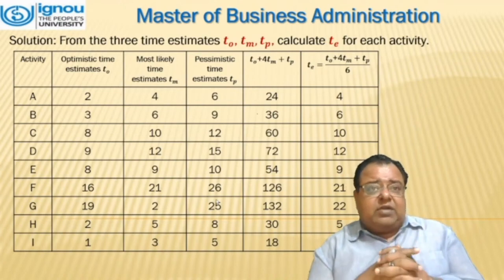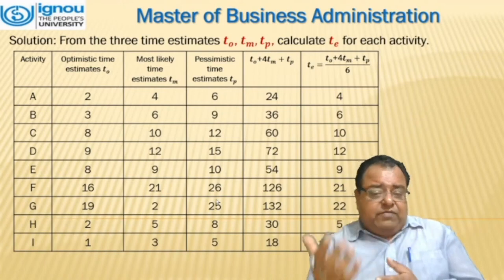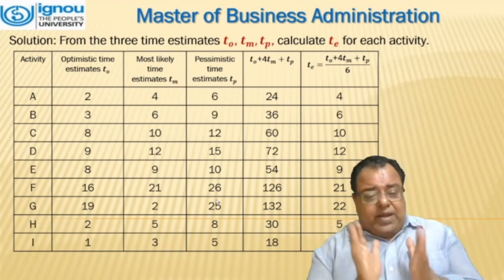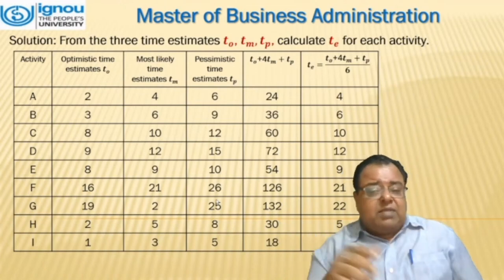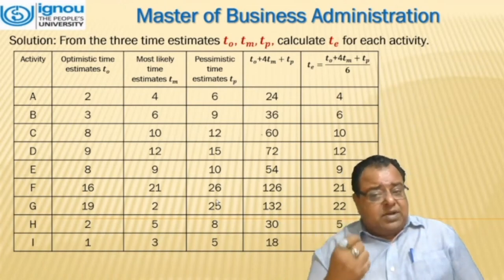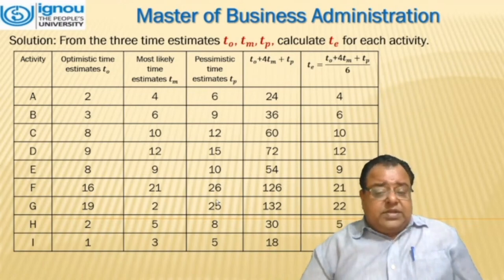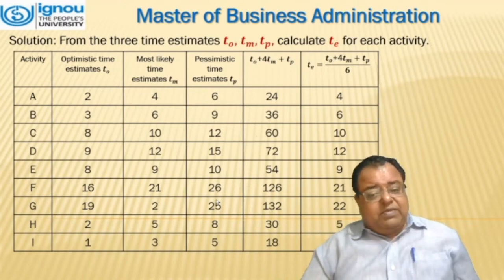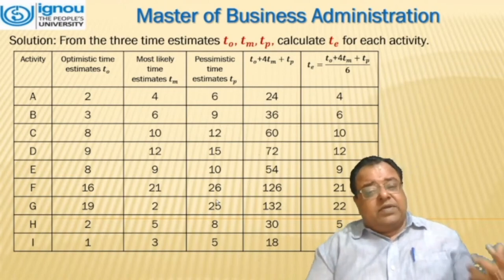That means we get 24, 36, 60, 72, 54, 126, 132, 30, and 18. In the last column, we divide all these numbers by 6, and we get 4, 6, 10, 12, 9, 21, 22, 5, 3.